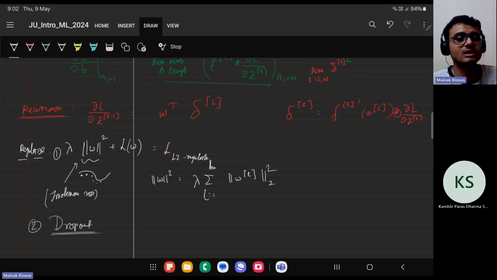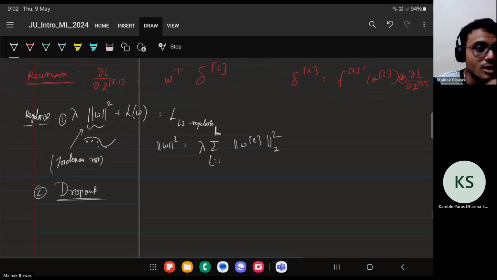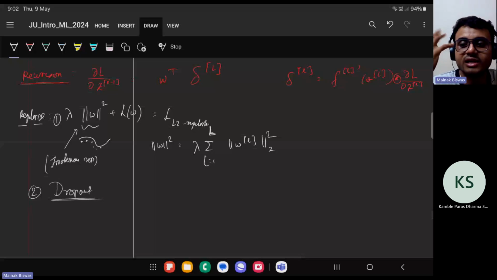Since this model is overfitting too much, you don't want all the neurons in the neural network. You want some redundancy in all the neurons.